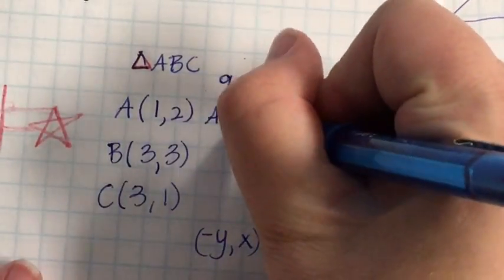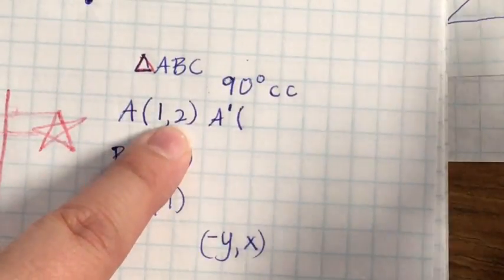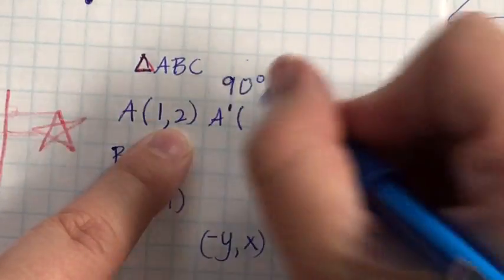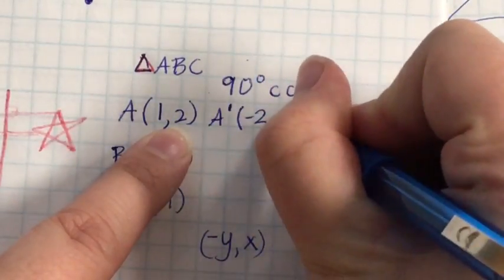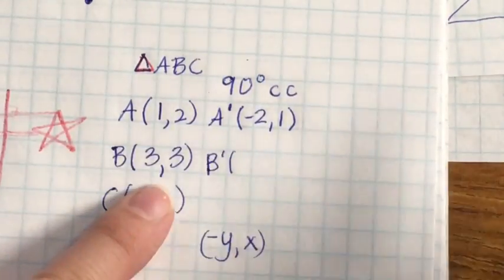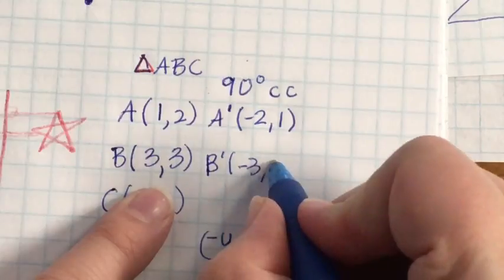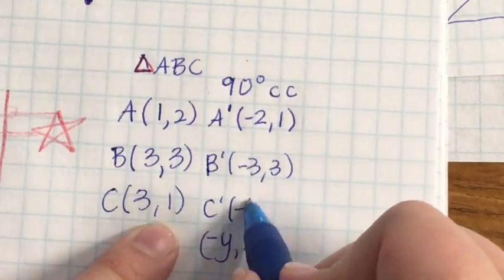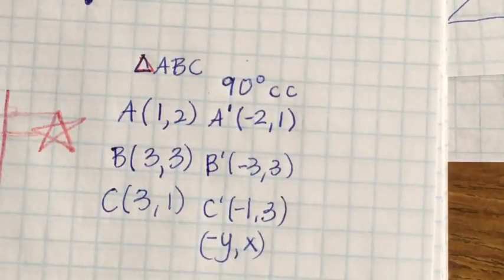So that means we're going to take the y and make it opposite. So what's the opposite of our y? Negative 2, and then just the x. So A prime is negative 2, 1. And B prime is going to be negative 3, 3. And then C prime is going to be negative 1, 3. So then you would graph those points.